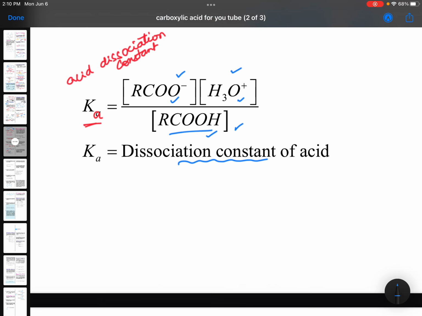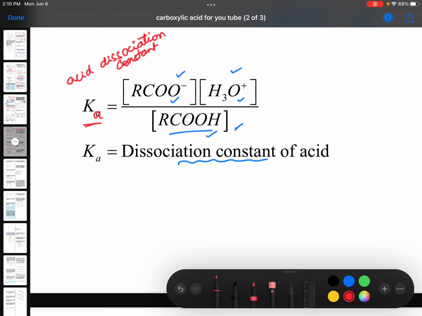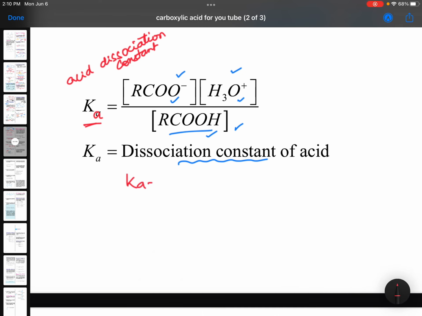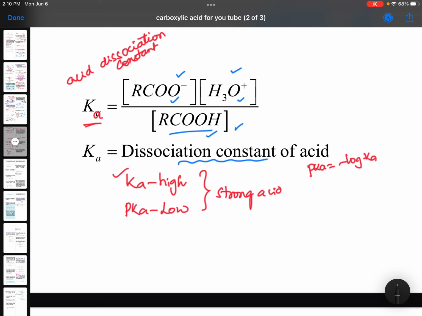Here you remember two lines. When the Ka value is high, when the pKa value is low, that is a strong acid. What is pKa? pKa is equal to minus log Ka. When Ka is high, pKa is low, that is a strong acid. Similarly for bases, you can remember the same line.